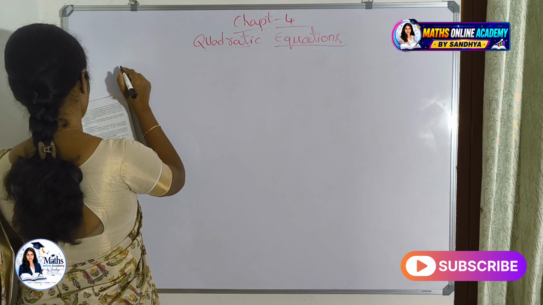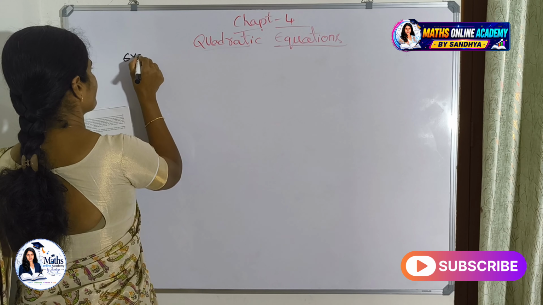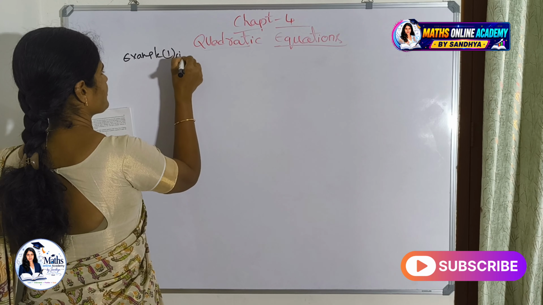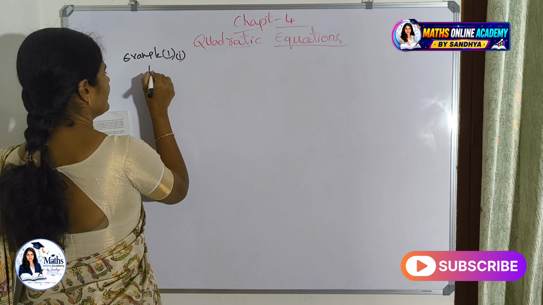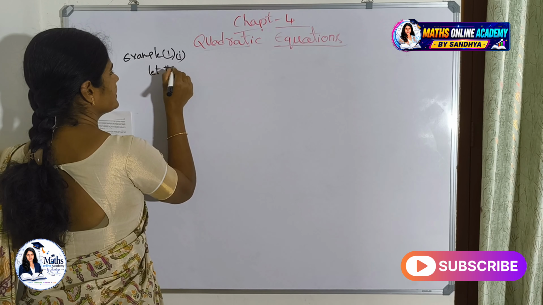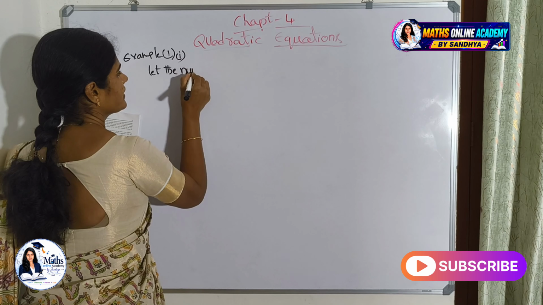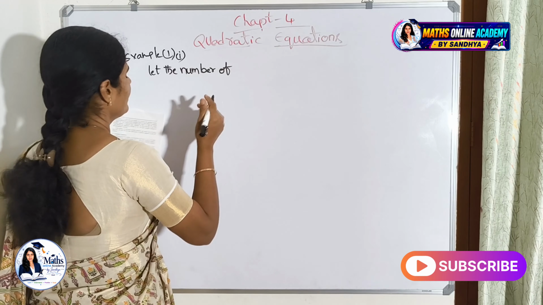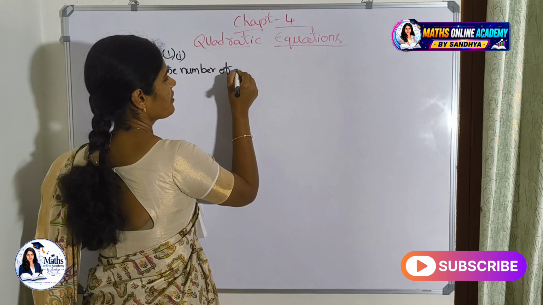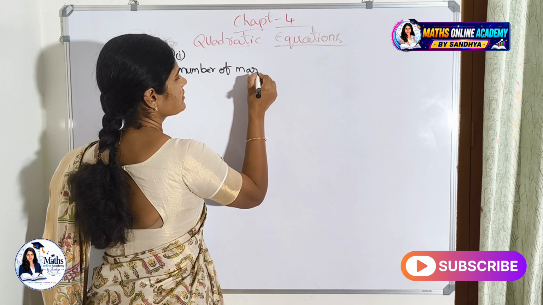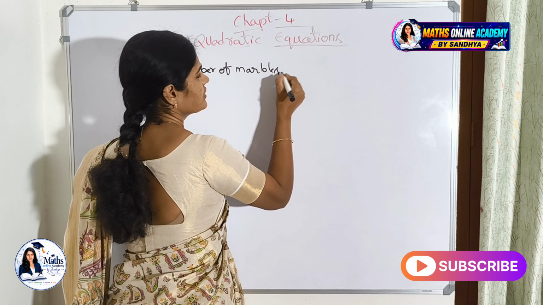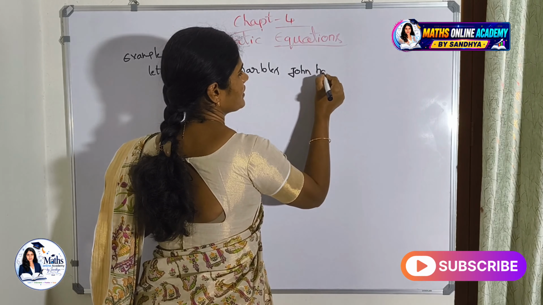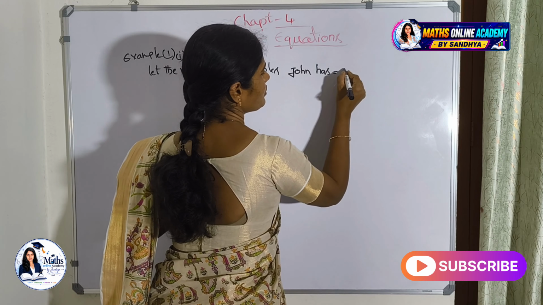Let's take the first example. Let the number of marbles John has equal x.